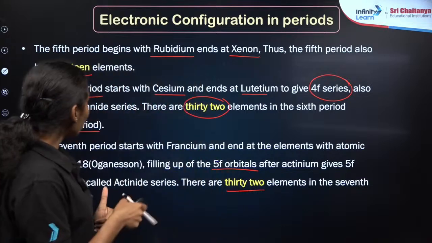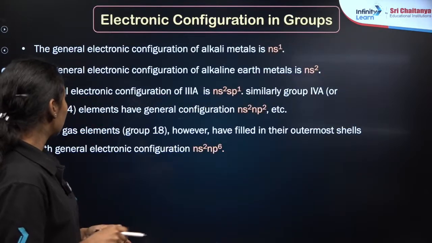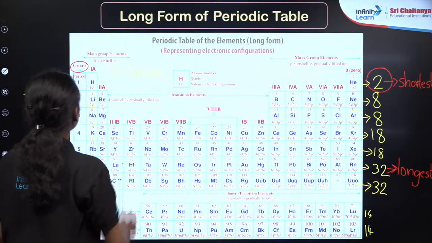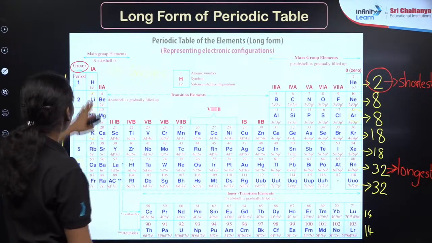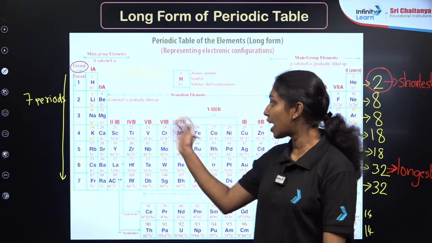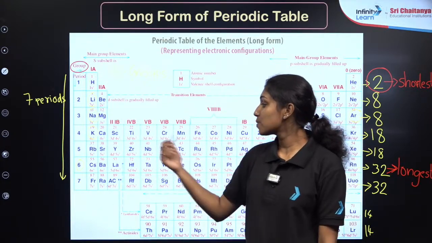Okay, now let me move to the electronic configuration in the groups. As you can see in the periodic table, these are the groups, starting from 1 to 18. In the first group, the elements present are hydrogen, lithium, sodium, potassium, rubidium, cesium and francium.